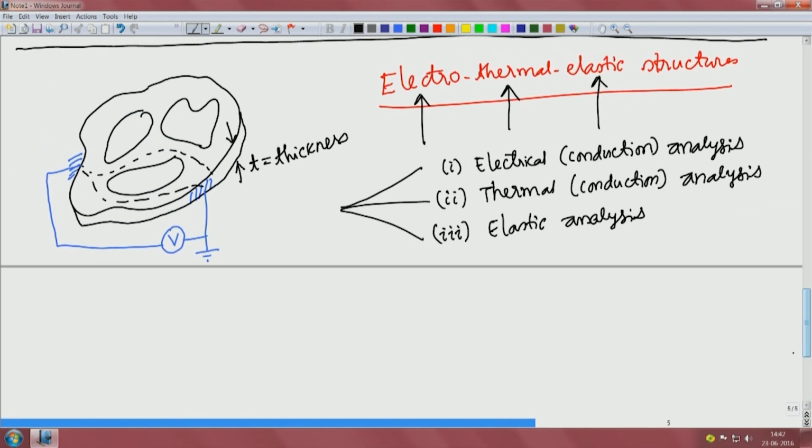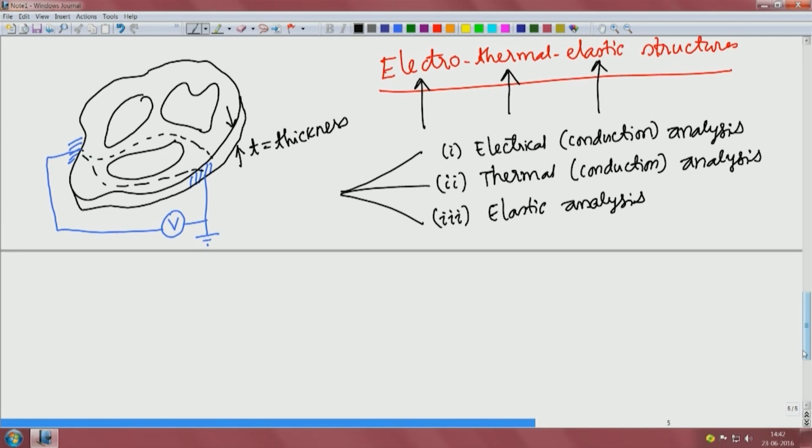Now, how do I write this problem? I would want to minimize strain energy, let us say, because that will make me a stiffer structure.